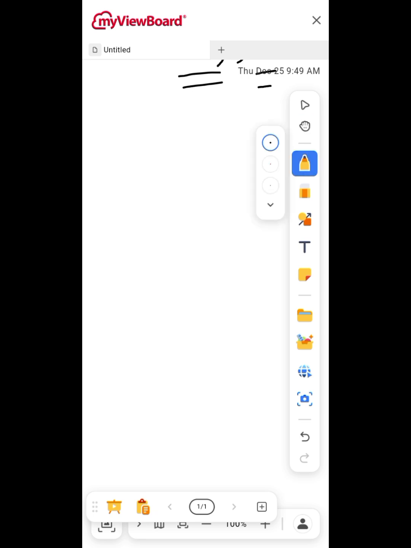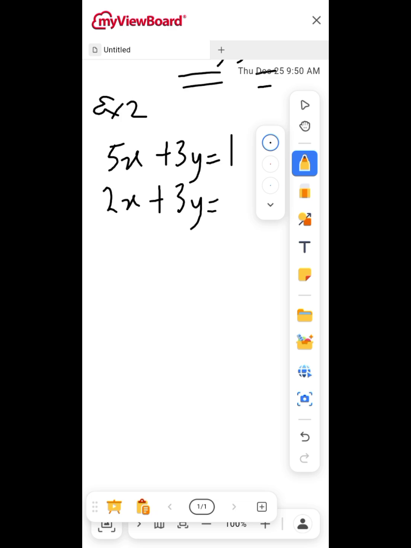I would want us to look at our second example, in which the coefficients are different. So let us look at this. 5x plus 3y equals 1. Then 2x plus 3y equals minus 5.